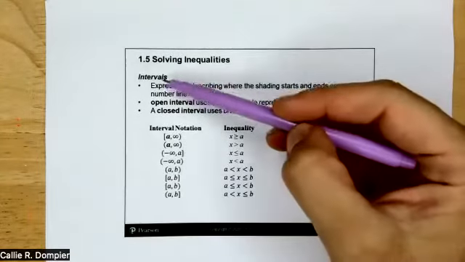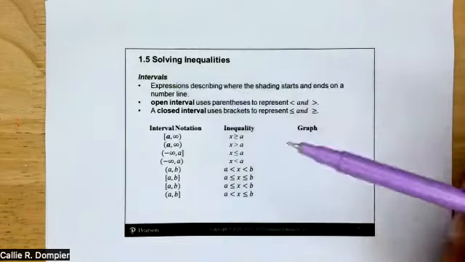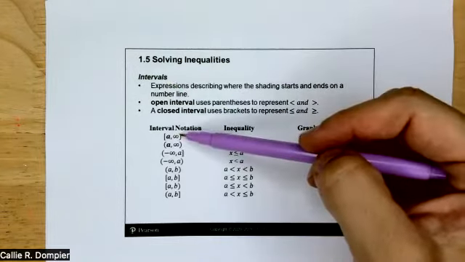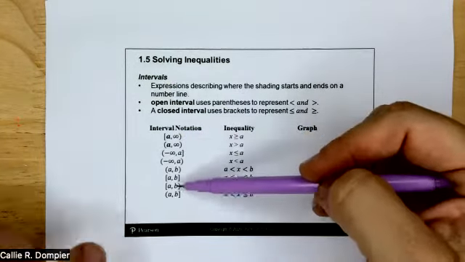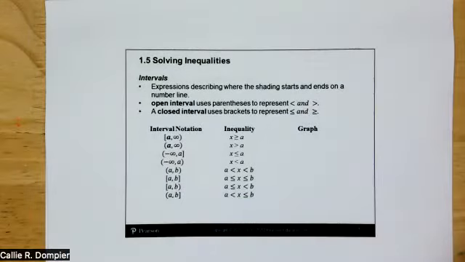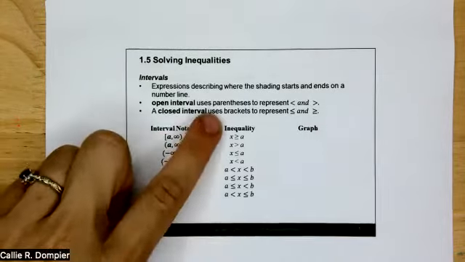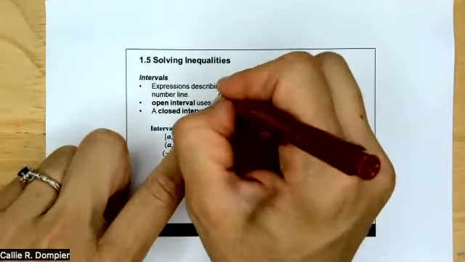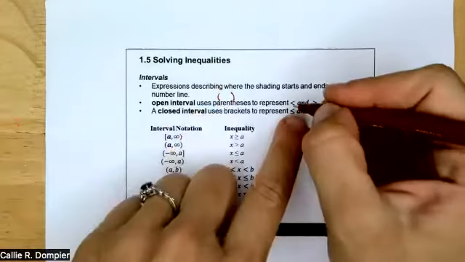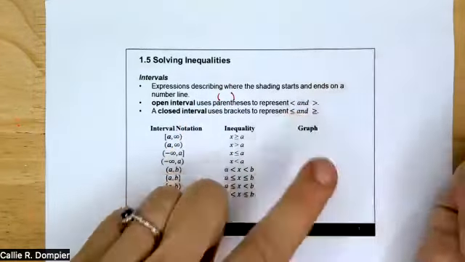So an interval is a part. An interval notation is just how to write that part as a pair of terms and either brackets or parentheses, okay? So an open interval uses parentheses to represent less than or greater than.